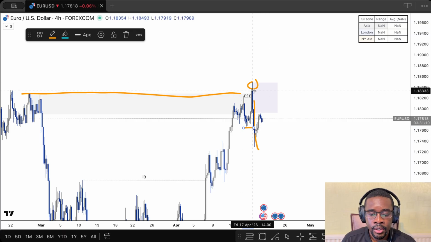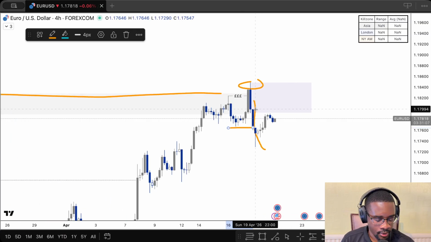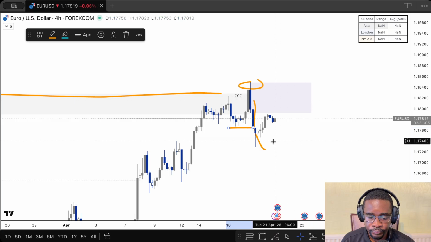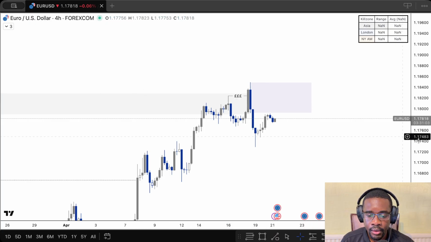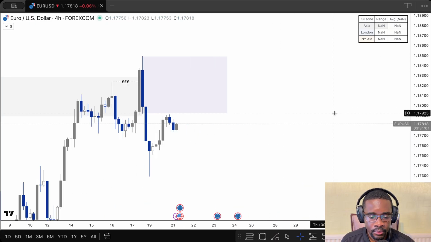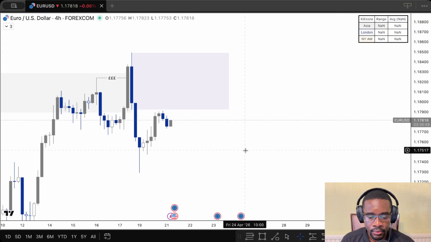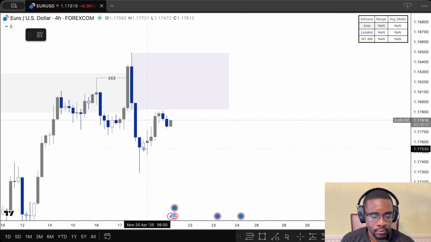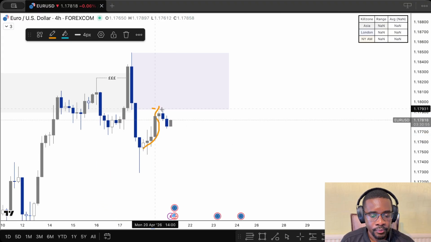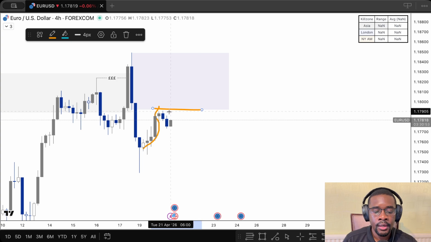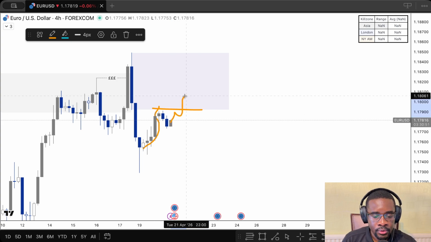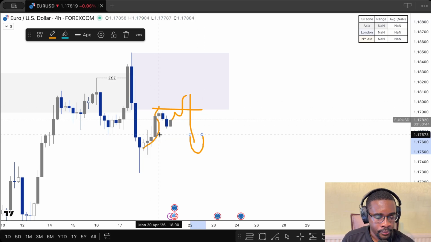So we have a new supply area right there, and price has come up but failed to mitigate. It is possible it can still come in, mitigate, and then we could look for shorts if that happens.